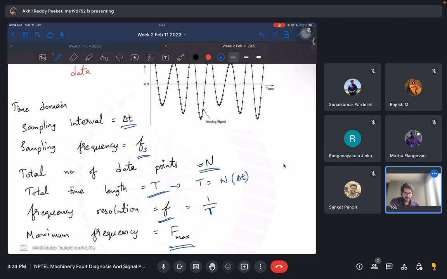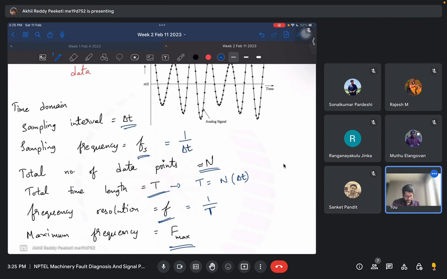So the difference between two frequencies, when you convert this into a Fourier transform, the resolution you can get is the inverse of the total time length over which you took the data.